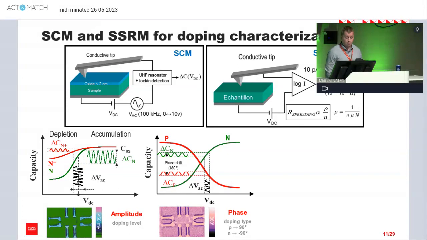This kind of characterization by SSRM is quite often compared to scanning capacitance microscopy, which is quite different, because here we apply a part of VDC, also a VAC bias with high frequency. And we can see on these plots that this variation of VAC will have an impact on capacity, which we can detect.